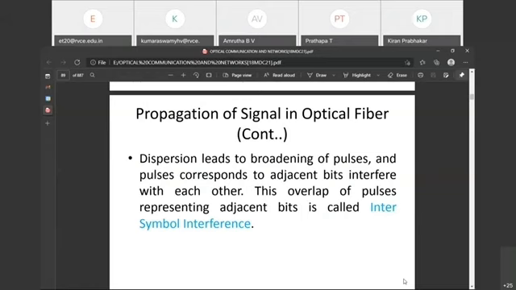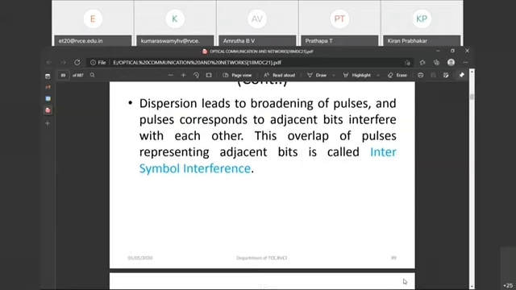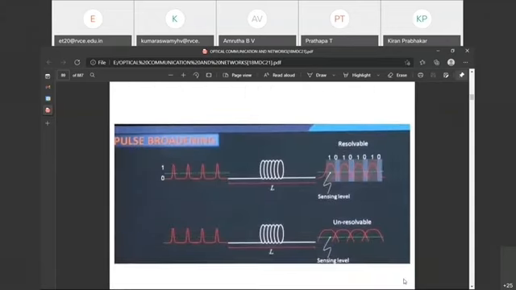Similarly, here the dispersion leads to broadening of the pulse and hence overlap, which is called intersymbol interference.